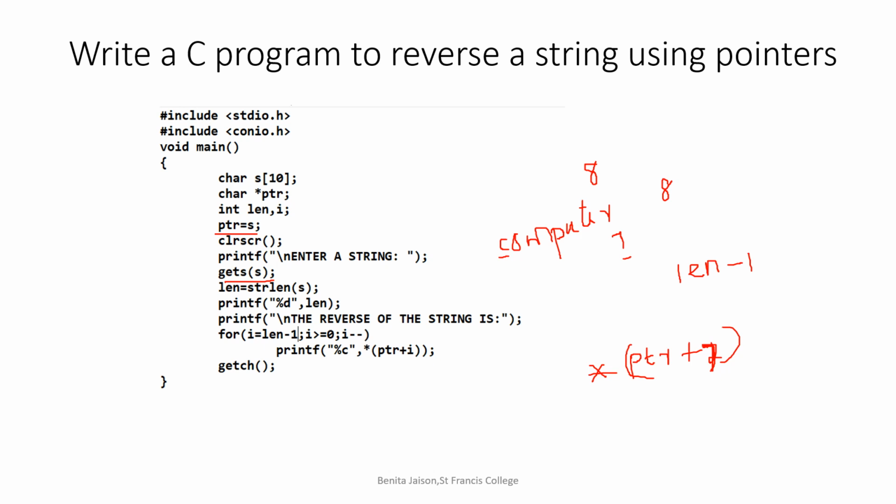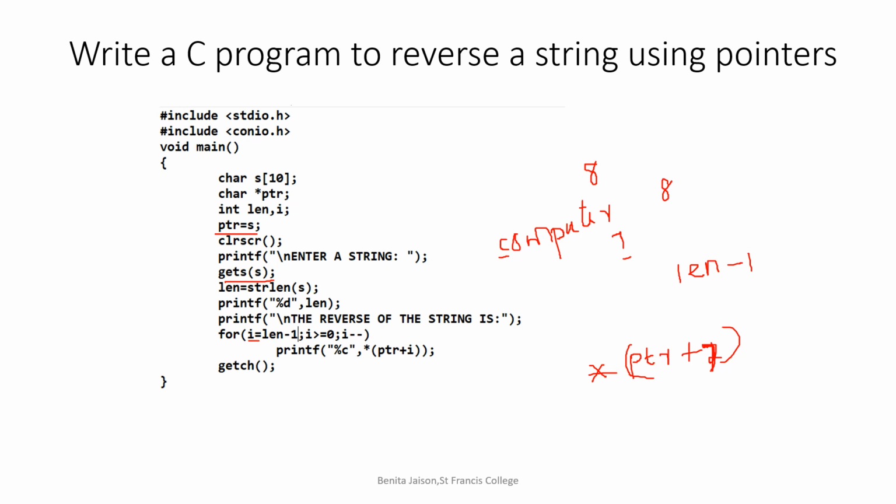So now using a for loop, we will print from the last character. To print the last character, we have to give 7. So instead of giving ptr plus 7, ptr plus 6, ptr plus 5, ptr plus 4, we will use a variable in a for loop where i is initialized to len minus 1.